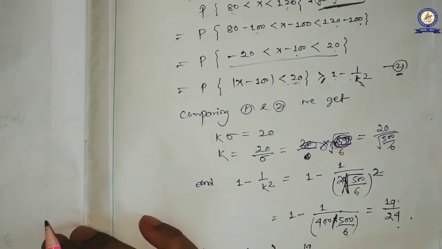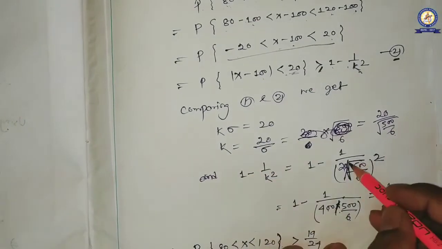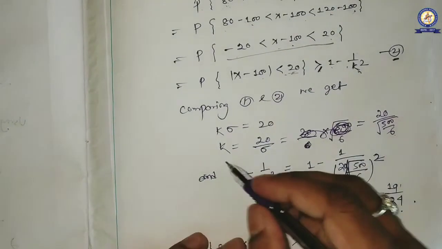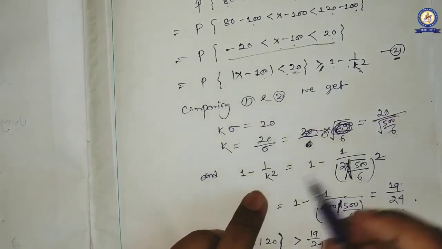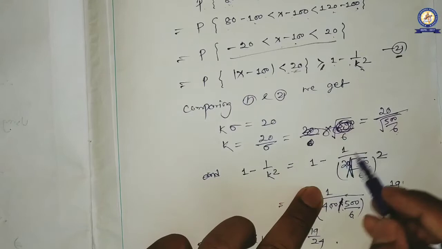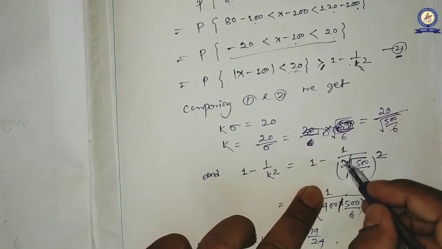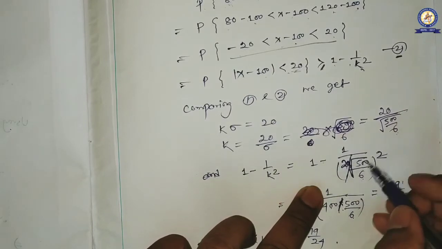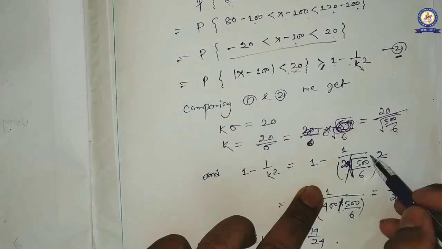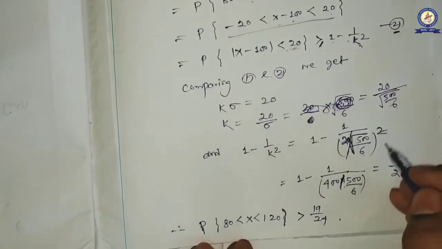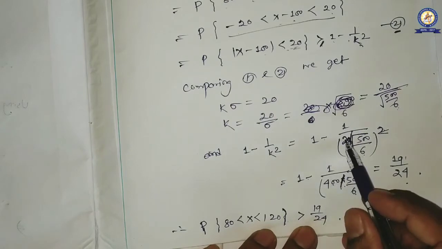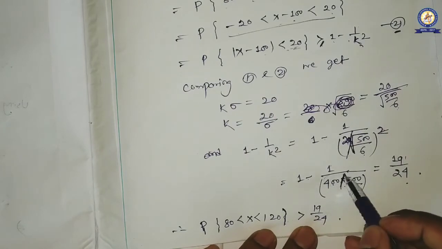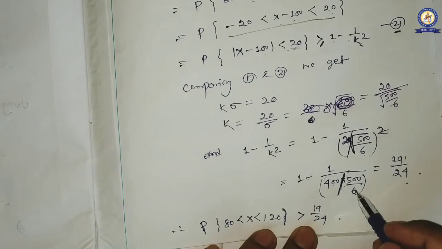See carefully, you have to write here that k is 20 by root of 500 by 6. So here 1 minus 1 by k square, 1 minus 1 by, 20 by root of 500 by 6, whole square. Considering the whole square, it will be 1 minus 1 by, 400 divided by 500 by 6.